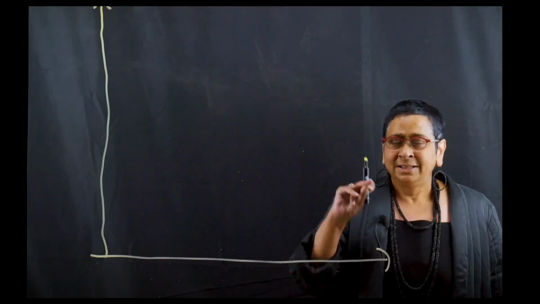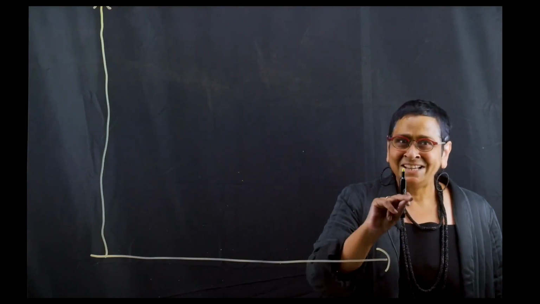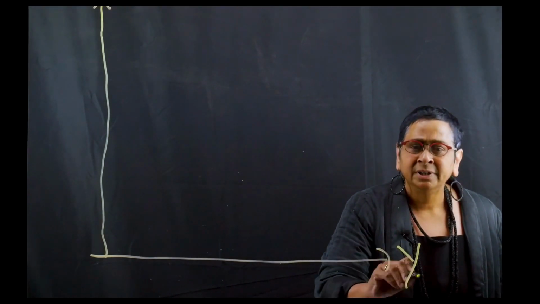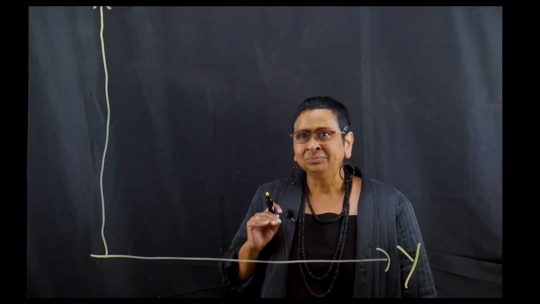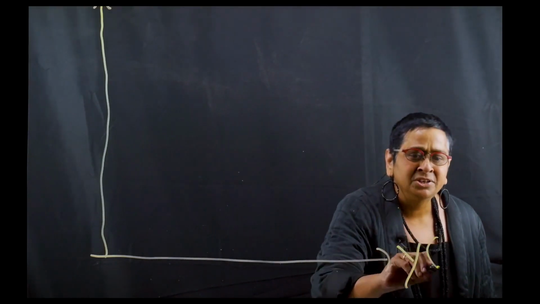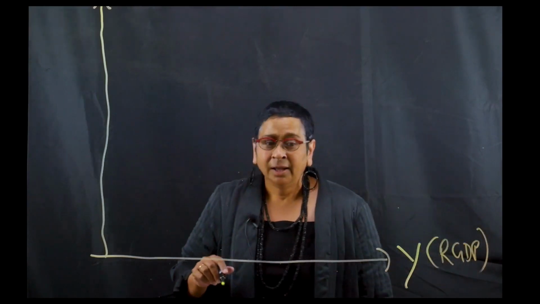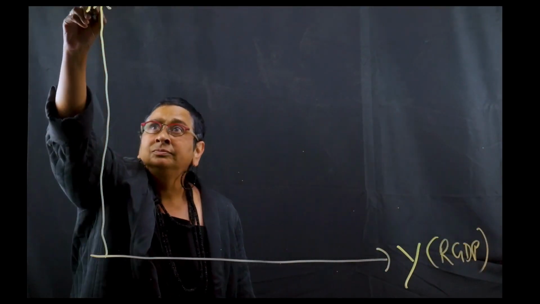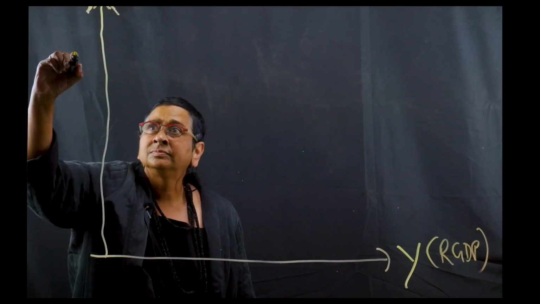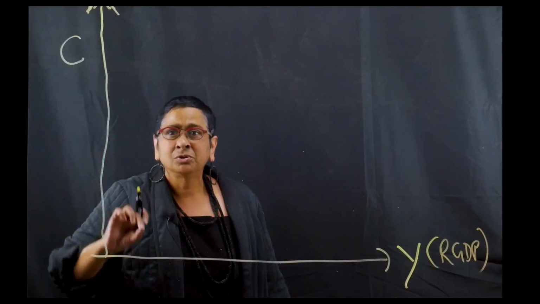In this case, the x-axis, which is the independent variable, is Y, because consumption depends on your income level, or your real GDP level. And just to remind you, Y is the same thing as real GDP. Over here, I'm going to call that C.